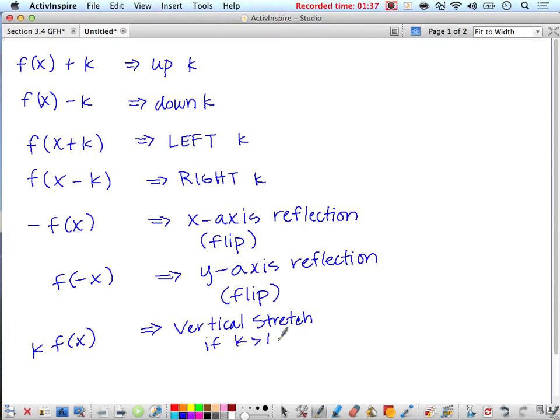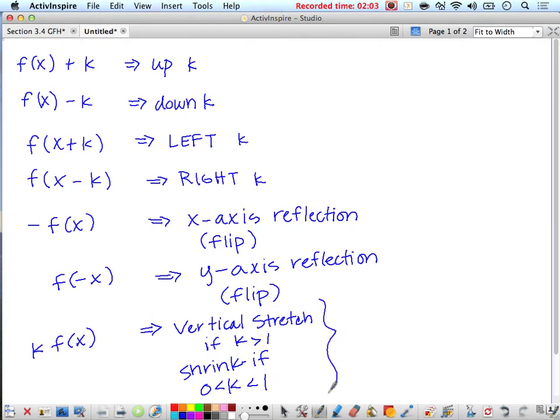And it's actually called a shrink, a vertical shrink, but you can still call it a stretch. It doesn't matter. It's technically called a stretch if k is greater than 1, a shrink if k is a fraction between 0 and 1. So if k is like a half or a third, it actually shrinks it.